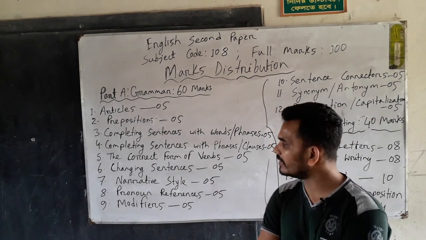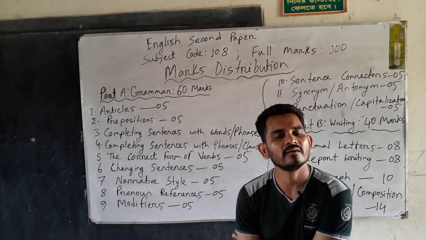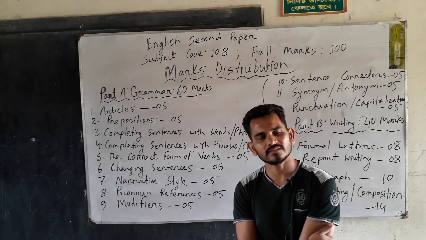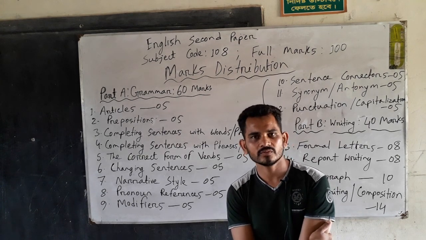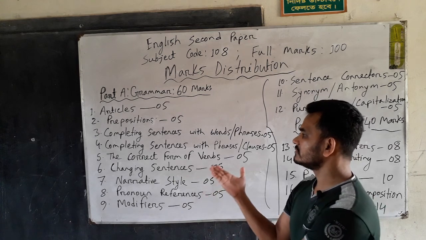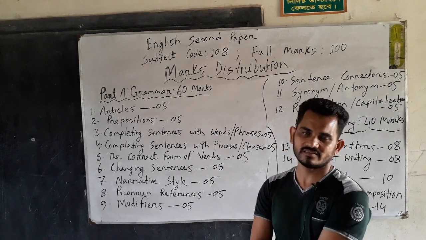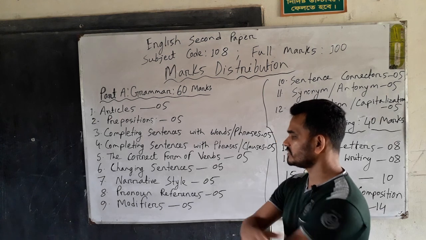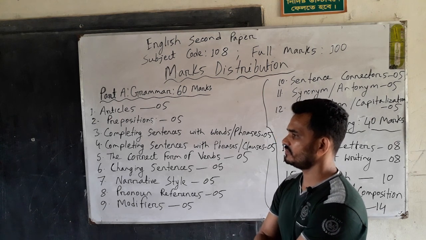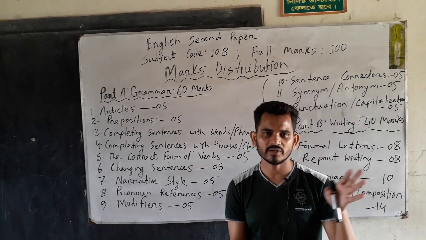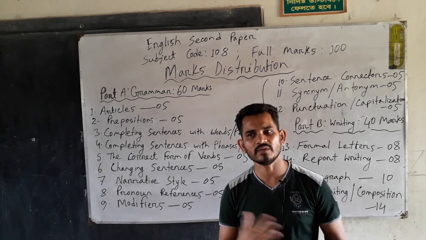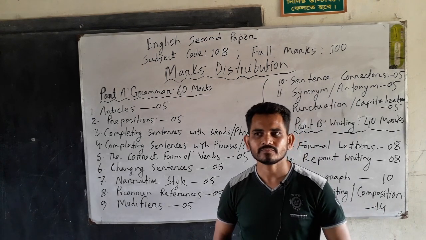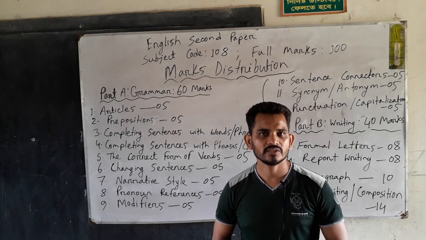You have ideas about this item, and the ideas you took in your school life, in your SSC exam paper also, you took ideas about these changing sentences. 5 sentences will be given to you, and the 5 sentences will have to be changed as directed: affirmative to negative, negative to affirmative, simple, complex, compound, positive, comparative, superlative, and active, passive, interrogative, imperative, exclamatory.